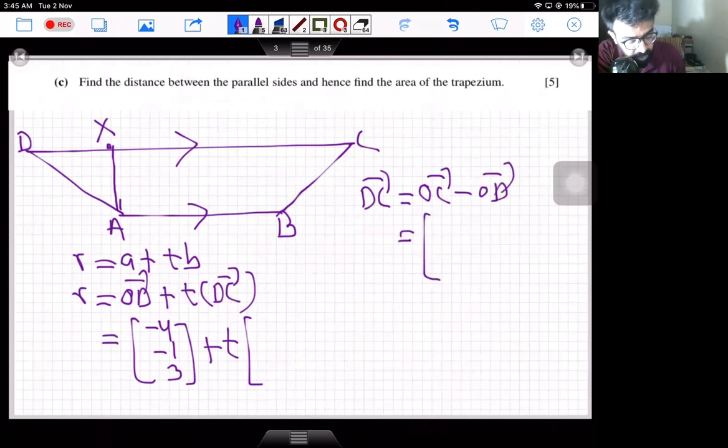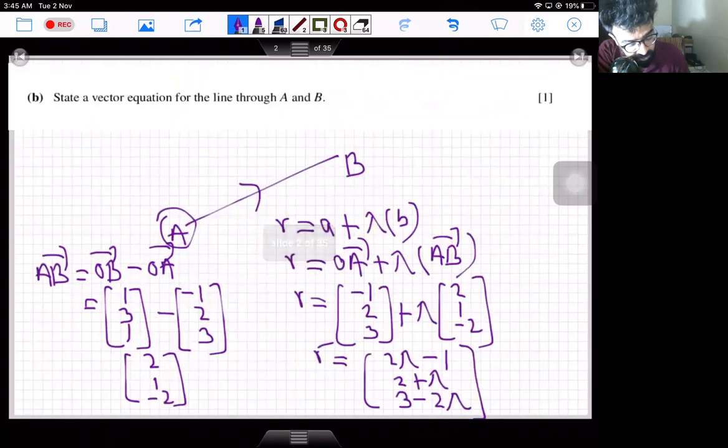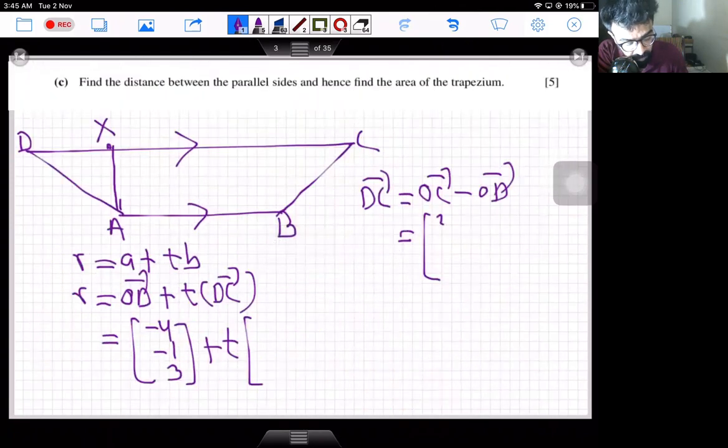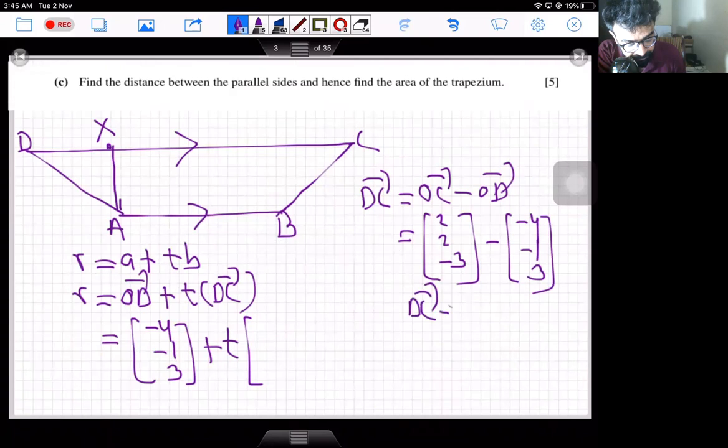OC is 2, 2, -3, and the OD vector is -4, -1, and 3. So the DC vector is 2 plus 4, which is 6, 2 plus 1, which is 3, and -3 minus 3, which is -6. So this is your direction vector DC.